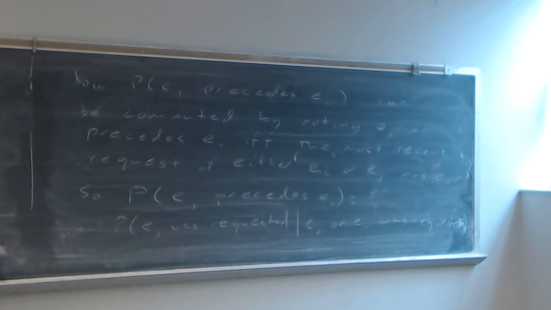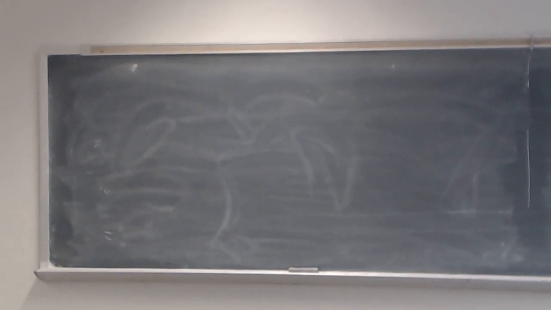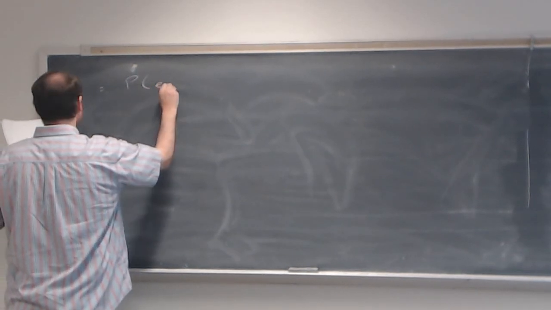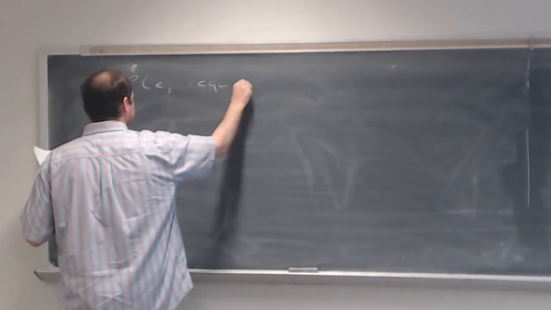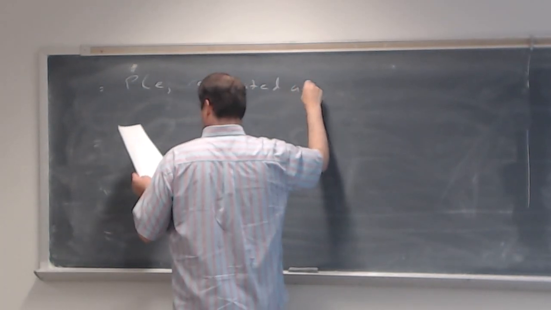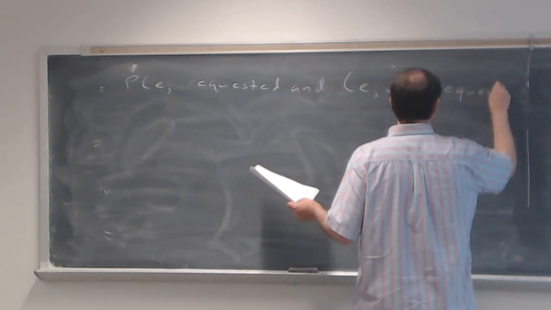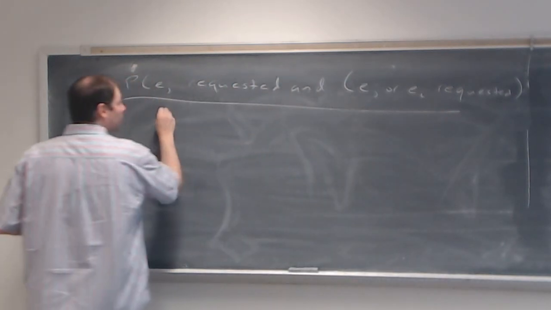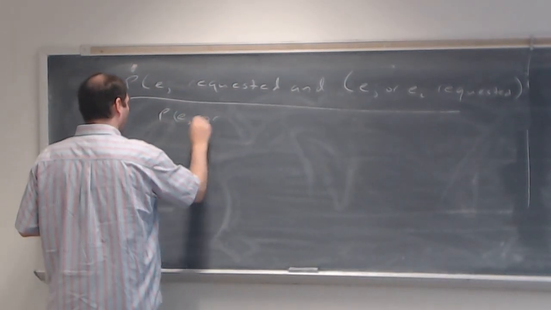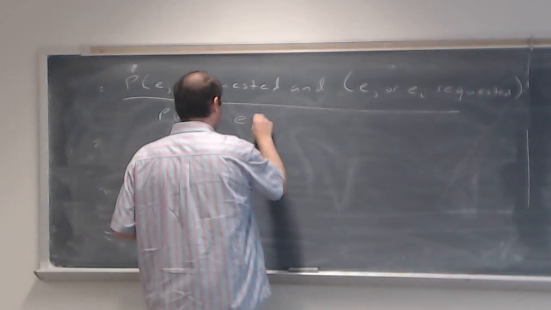Okay, we're almost done. That's equal to the probability that E sub j requested and E sub j or E sub I requested, over the probability that E sub j or E sub I is requested.